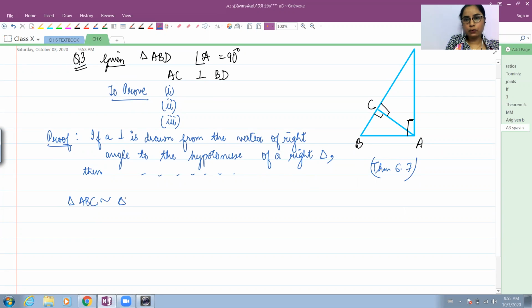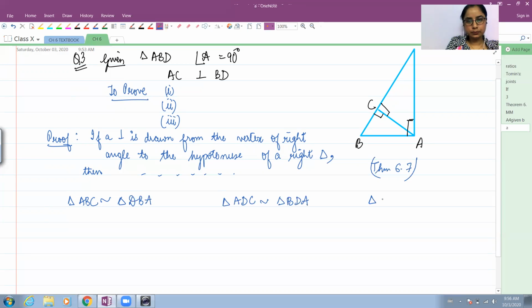So I'm going to first of all, sorry, this is the smaller triangle ABC, and this will be similar to triangle DBA, the larger triangle. This will be the first pair. Then the second pair will be of triangle ADC, the second smaller triangle, similar to the whole triangle, triangle BDA, and then each of the smaller triangles, which will be similar to each other, I think. That gives you the third result, AD square equals to BD into CD.